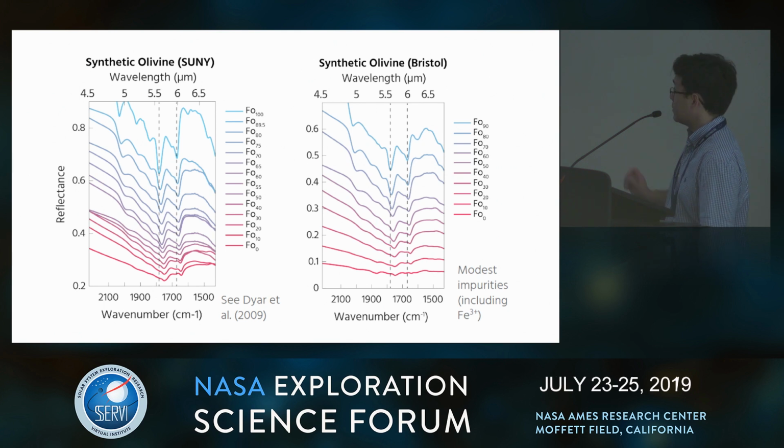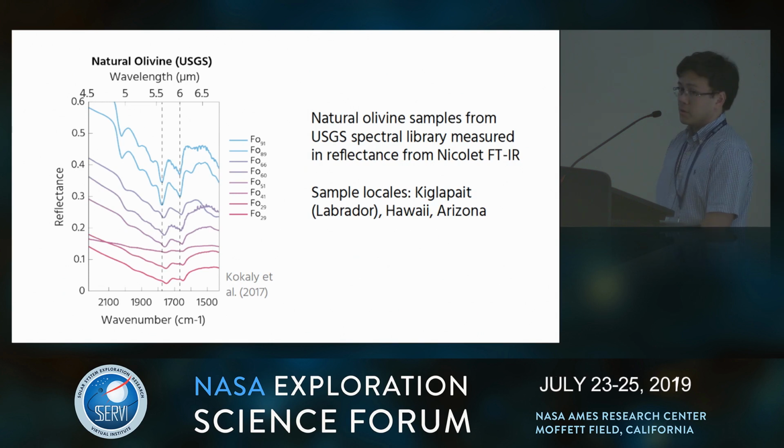And an important thing to note is that the positions of those vertical dashed lines are consistent throughout the remainder of these plots, and that the blue and red values correspond absolutely with the relative abundance of magnesium. So it's also exciting that we see this consistency in trends, even though there are sometimes considerable impurities in these other synthetic olivines. So that was pretty exciting when we first saw that.